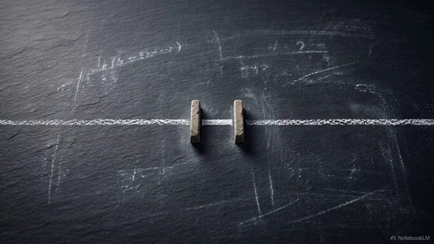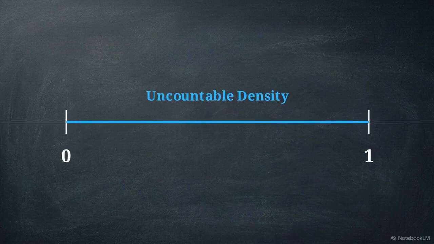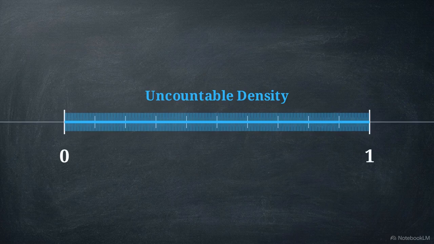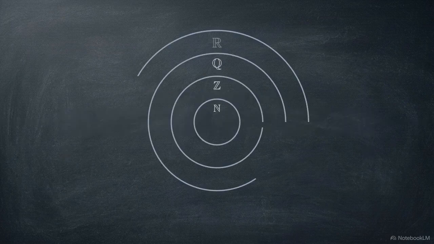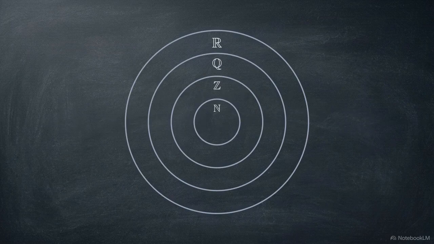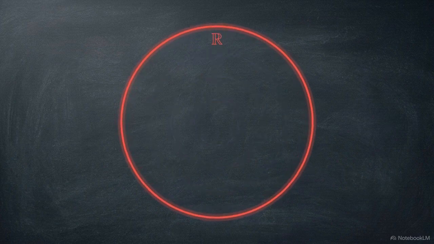The binary sequences we just failed to count represent a microscopic fraction of the real numbers. They are only a subset of the space between 0 and 1. Returning to our concentric circles, if we cannot map this tiny sliver, the entirety of the real numbers is vastly, uncountably larger than the natural numbers.